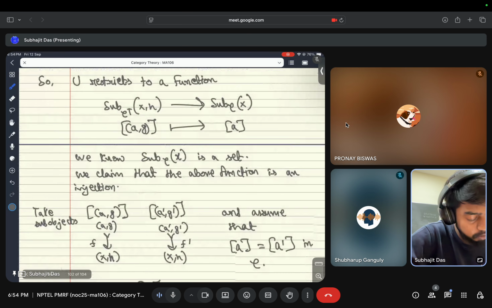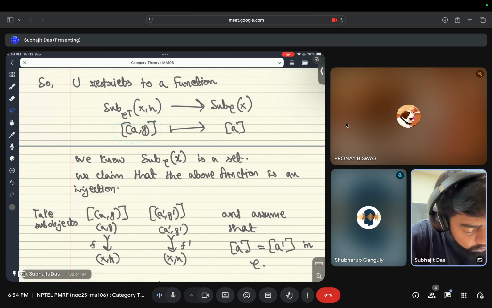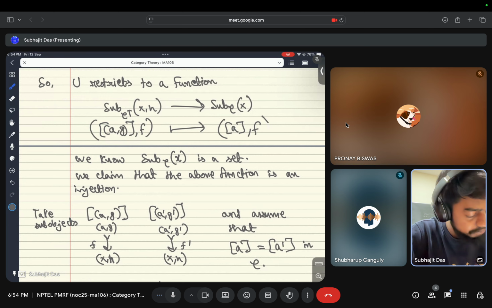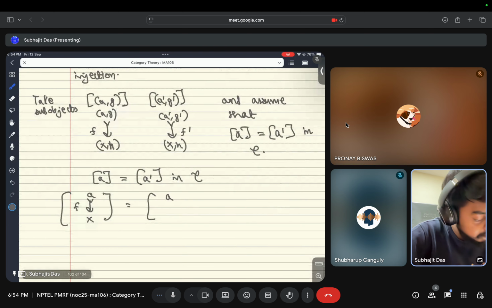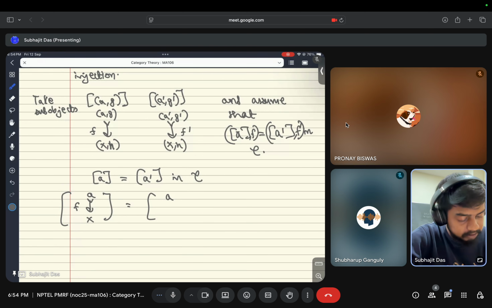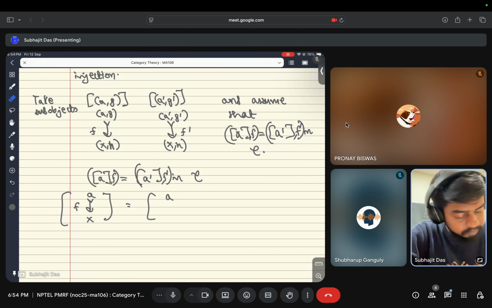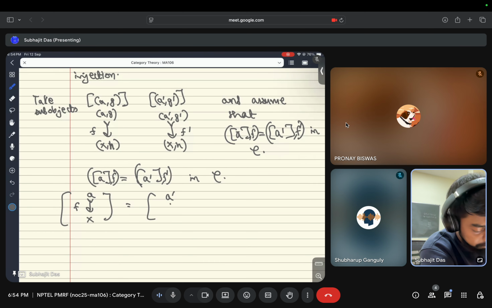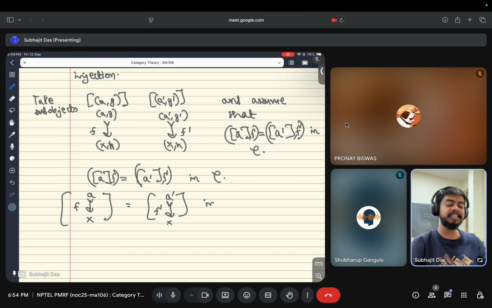I don't really like writing inappropriate notations, but let's say (A, F), (A', F'), the class of F' into X. Assume that this happens in C. What does this mean?